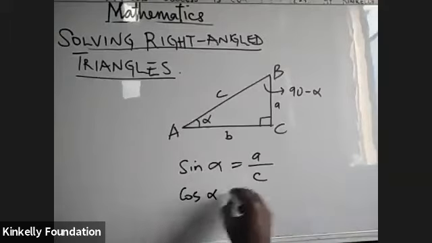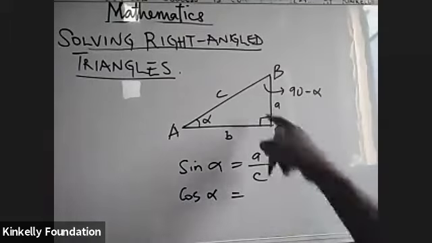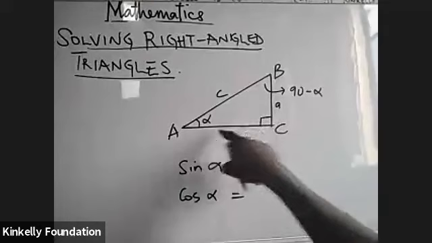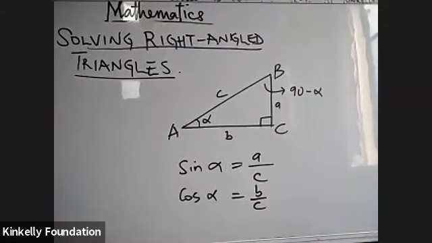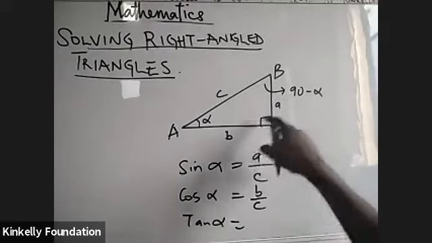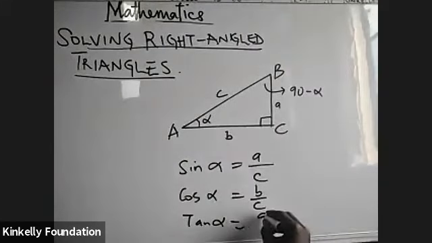Cos alpha will be B over C. And tan alpha will be A over B.